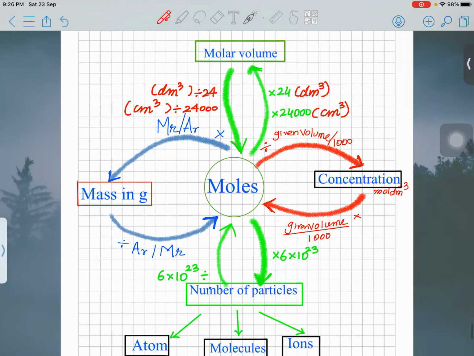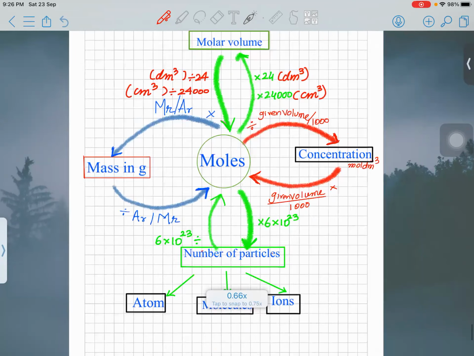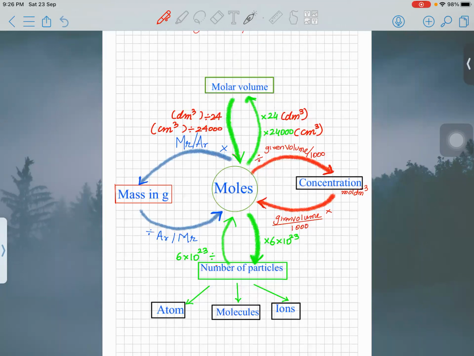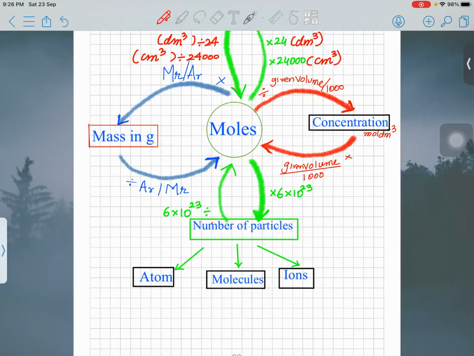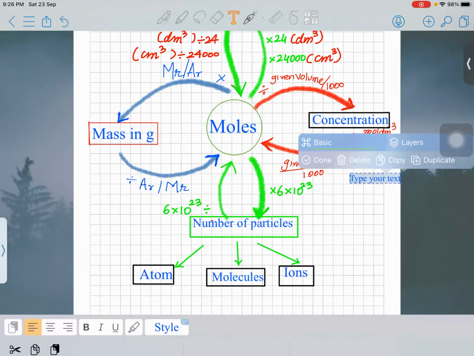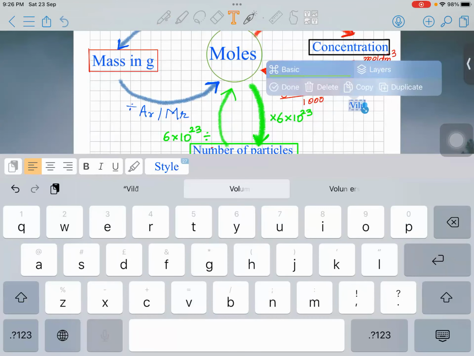This is mole concept. If you know the concentration and moles, you can easily find the volume.